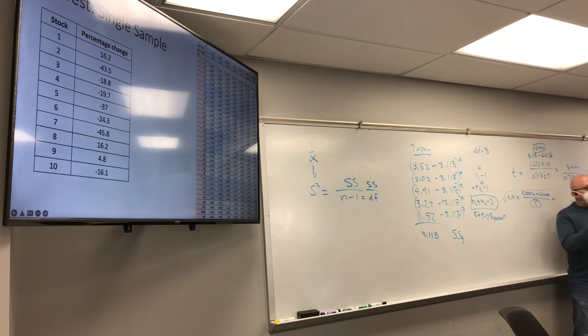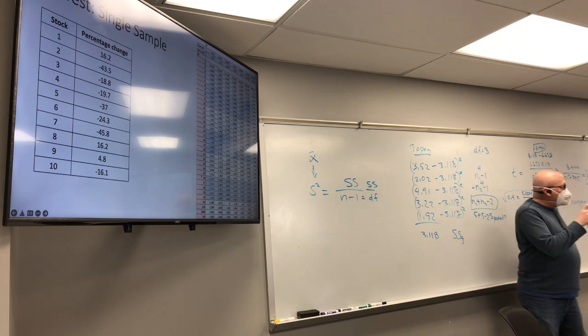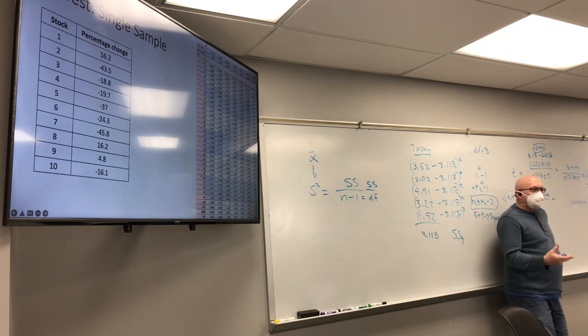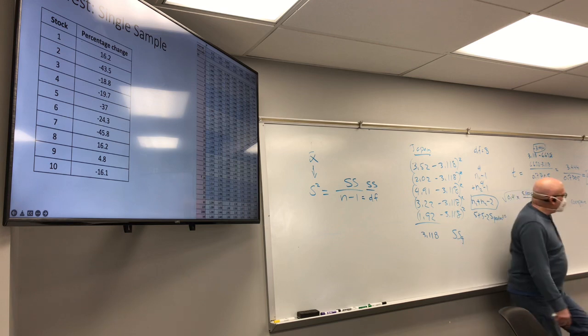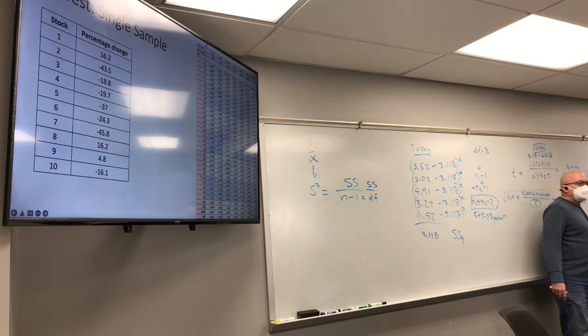So anytime you have a directional question, you should test it as if it is a directional question. But people oftentimes just default to a two-tailed test because they're not really thinking about it very well. And sometimes they lose out finding a significant difference that is there, because they penalize themselves by doing a two-tailed test.